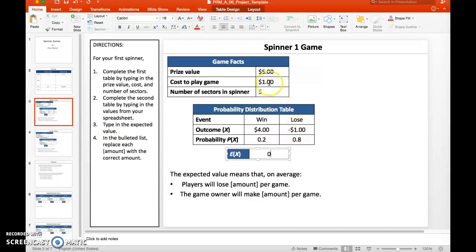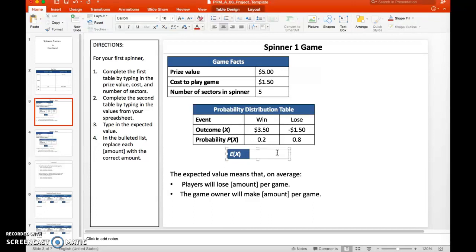All right, so now let's say cost to play, maybe $1.50, which would make this $3.50. I'm going to leave my probability alone, but I'm going to see if I get a different expected value, and I should. Hopefully I come up with a negative number. So 3.5 times 0.2 minus 1.5 times 0.8.